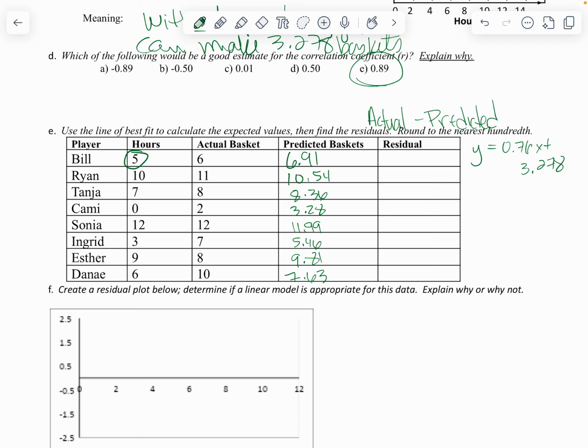If I subtract those, I get negative 0.91, 0.46, negative 0.36, negative 1.28, 0.01. It's interesting how close that is. 1.54, negative 1.81, and 2.37.